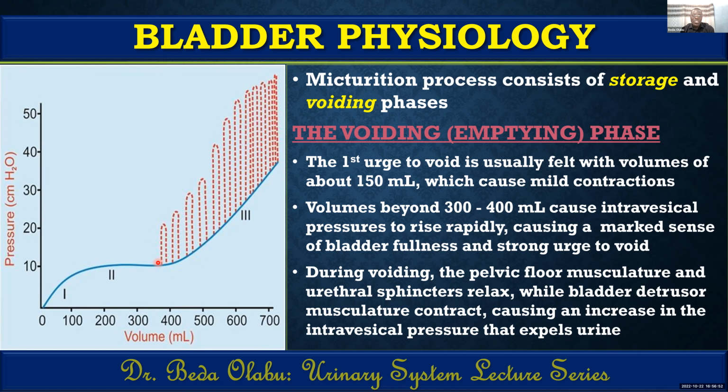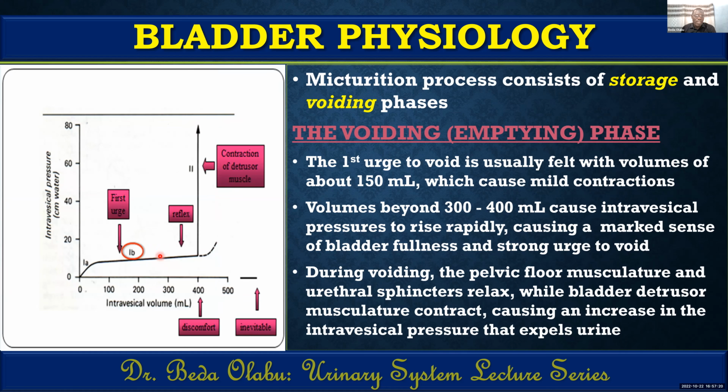And this contraction of the detrusor muscle increases the intravesical pressure that helps to expel urine. So when urine is being voided, when urine is being passed out during micturition, there are strong contractions of the urinary bladder caused by what we call the micturition reflexes.